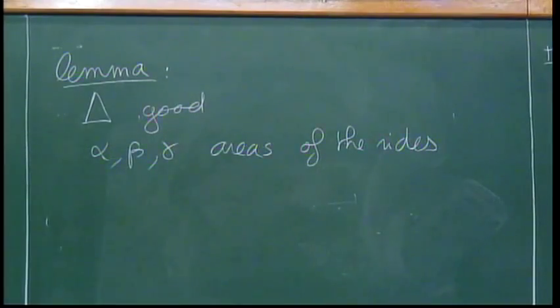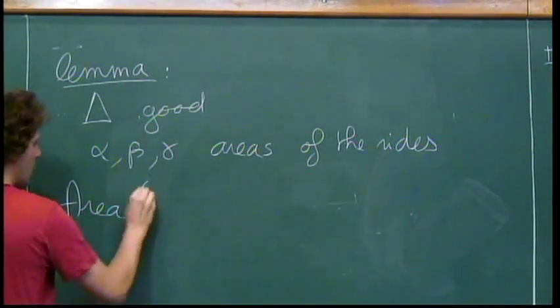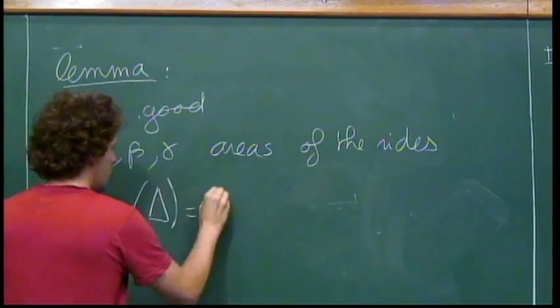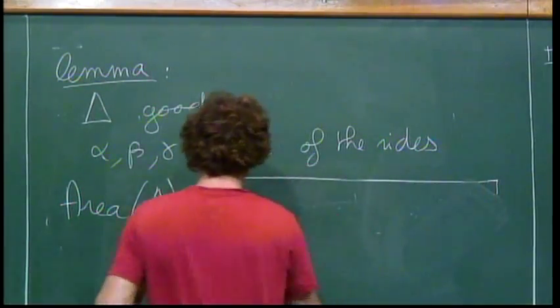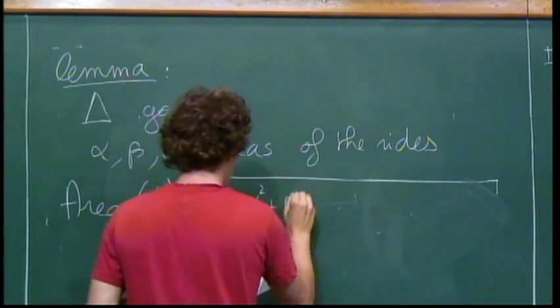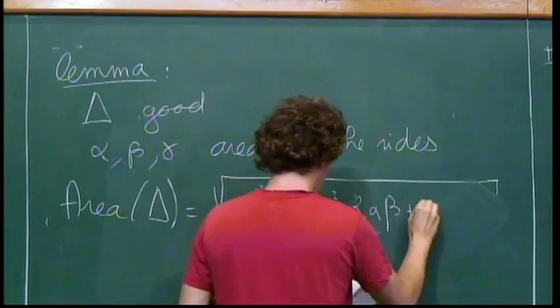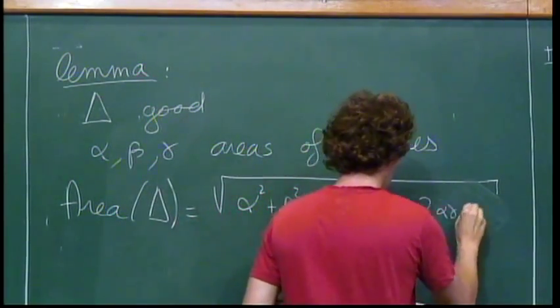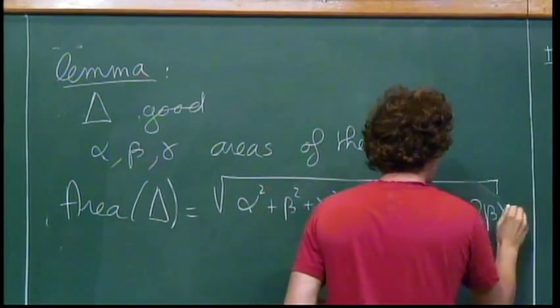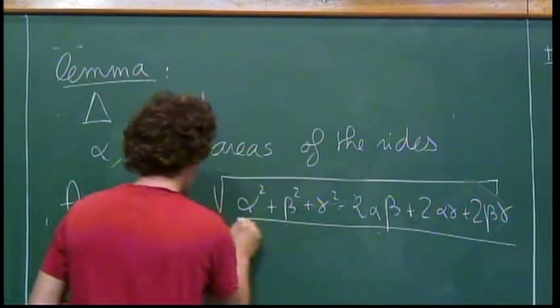And where is the formula? Then there is a formula which tells you that the area of your triangle is just a big square root of a quadratic form. And of course, it's symmetric in alpha and beta because you can reflect the picture.